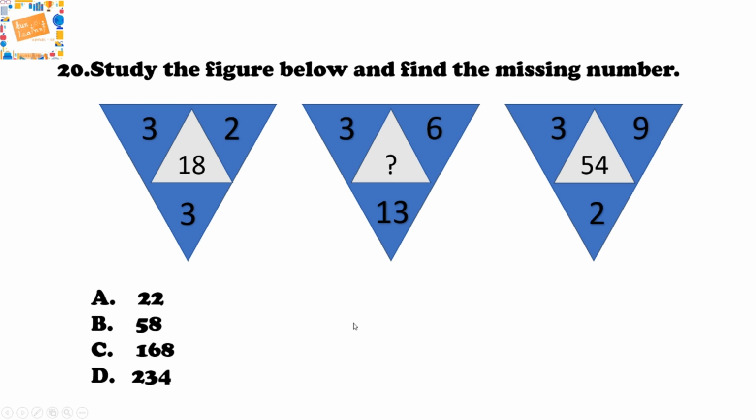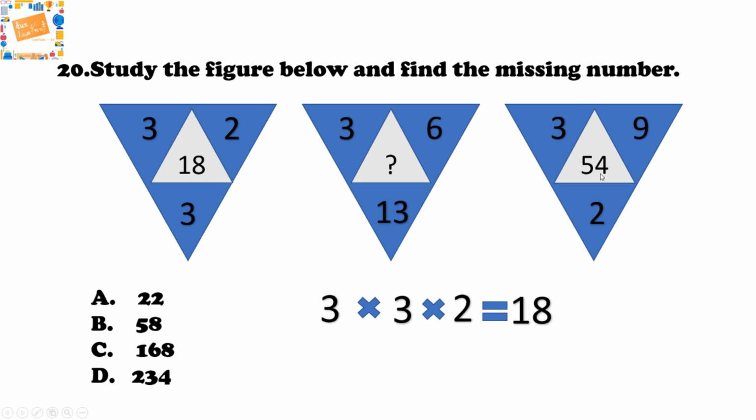Well, let's look at it together. So if you observe the patterns in the first triangle and the last triangle, you will be able to get the logic. So in the first triangle, it is 3, 3, 2 and 18. So if you look, the numbers in the outer triangle, if multiplied together, equate to this number in the center triangle, that is 18.